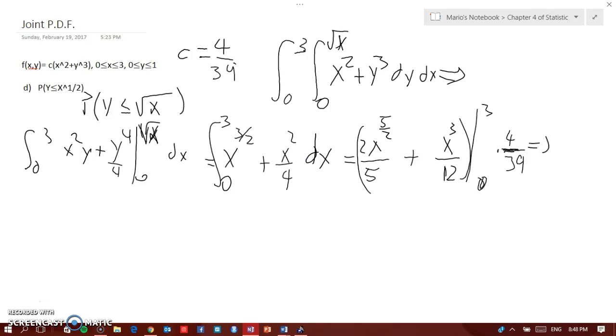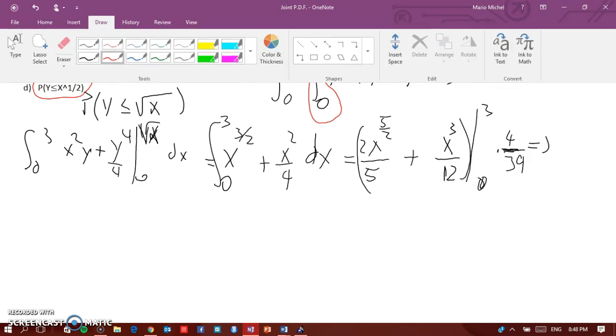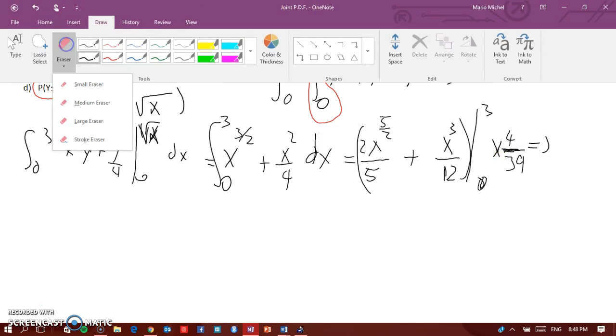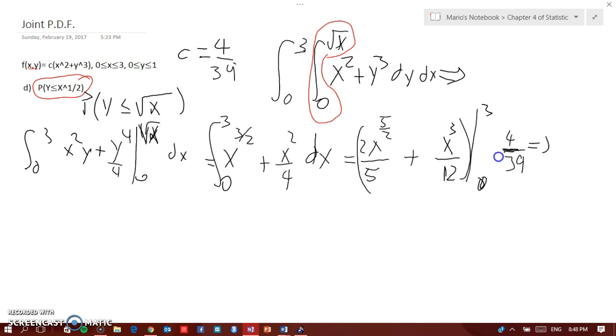The only thing that might be hard is figuring out what to put here when you get a function as a limit of integration. This is probably the only thing that would give you problems, but anything else is really simple once you get past that part. Actually, that's a multiplication sign, so times.